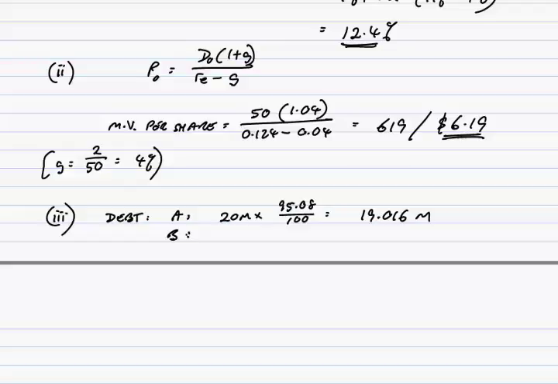The other debt is B, from the balance sheet, again 10 million nominal. The market price 102.01 for 100 nominal. So the total market value is what? 10.201. So the total market value of the debt, 29.217.